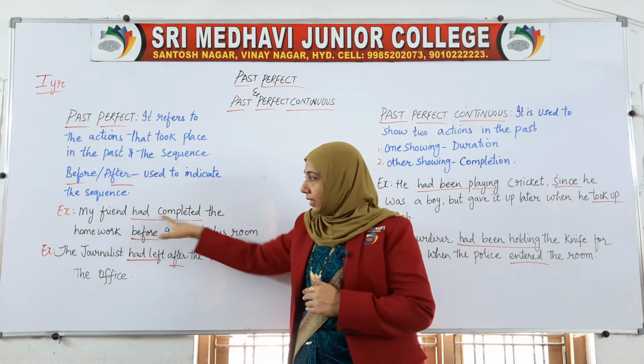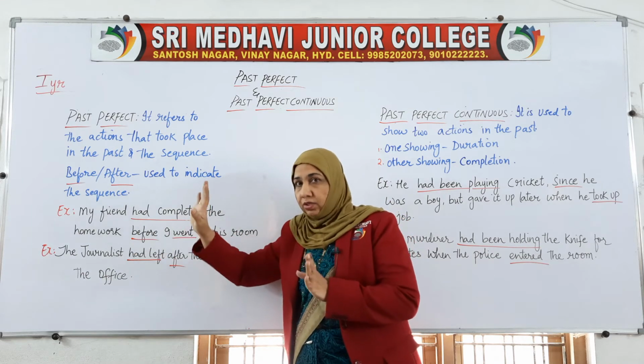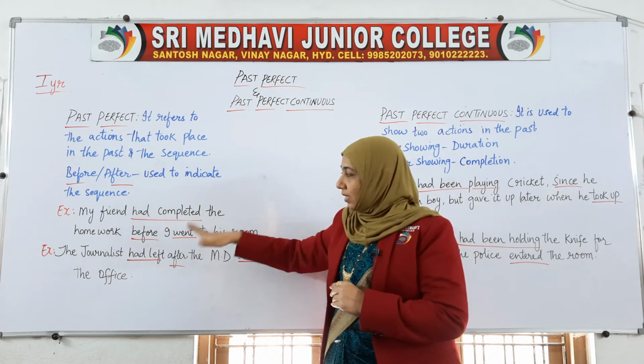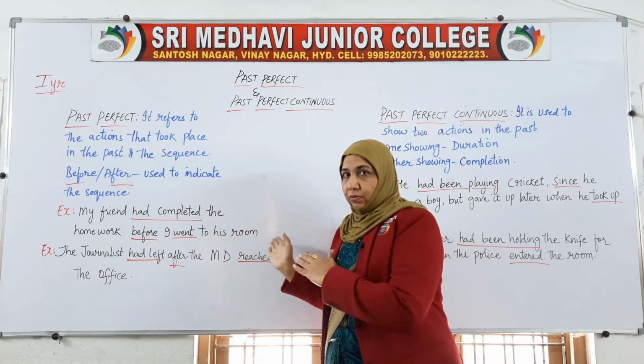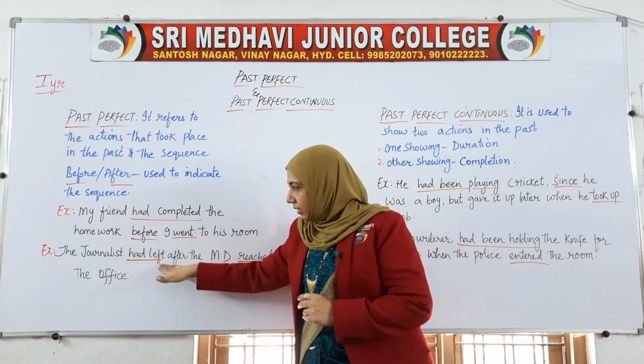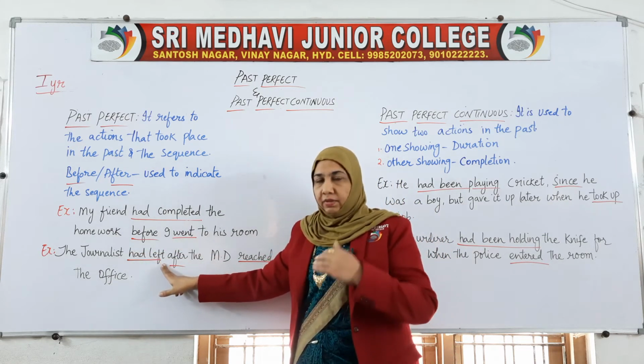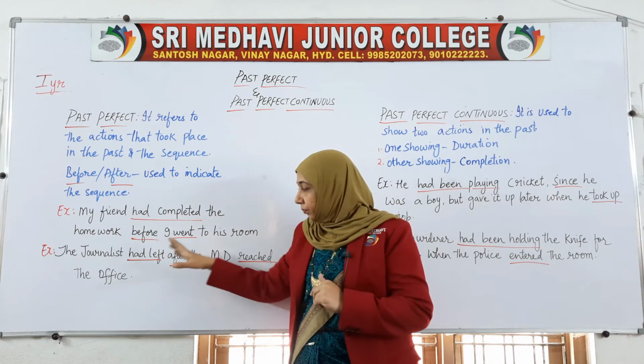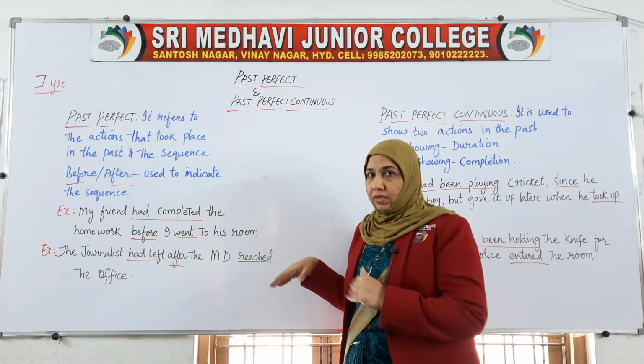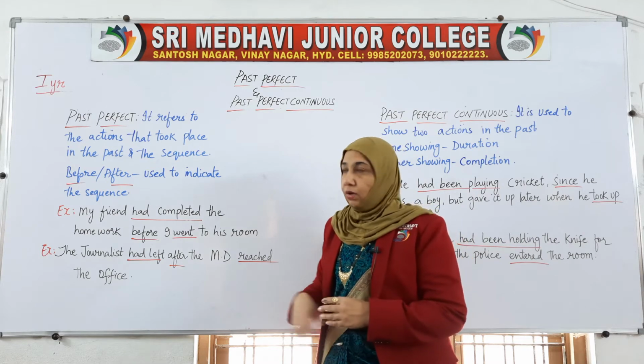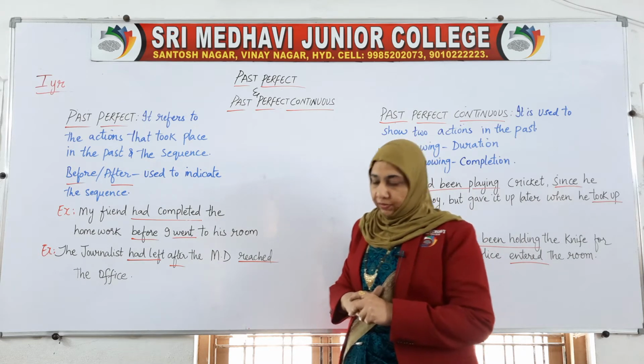Had completed the homework is the action, and it is showing the sequence: went to his room. Here the journalist had left is the past action, and this shows the sequence of when it had happened. So this is the past perfect tense.